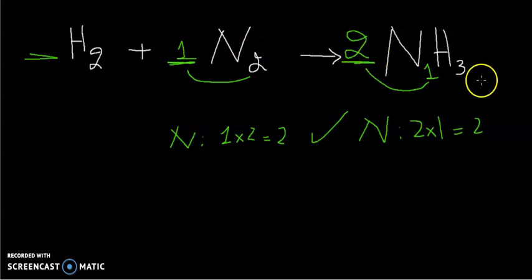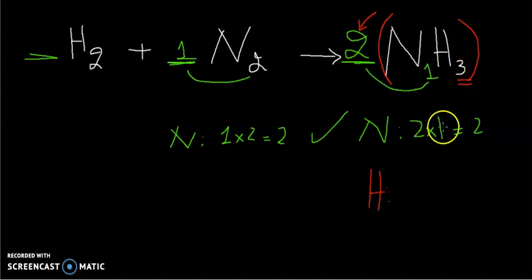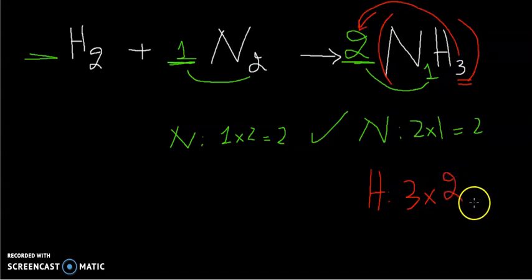Okay, how many hydrogens do I have here? 3. But since we have put the 2 here as a coefficient, now this 2 belongs to the whole molecule. So how many hydrogens do I have? I have 3 multiplied by the coefficient, multiplied by 2.